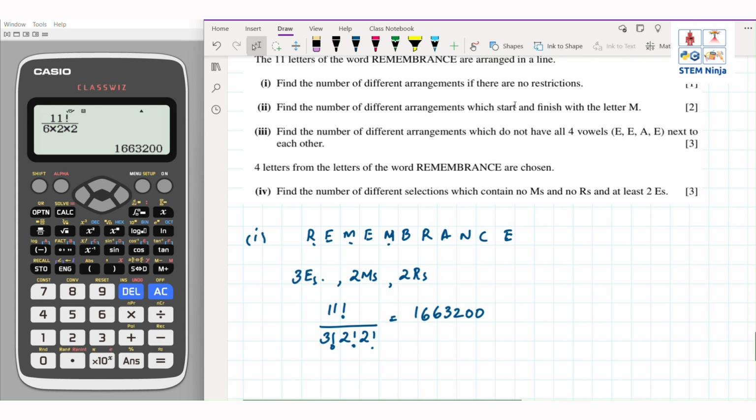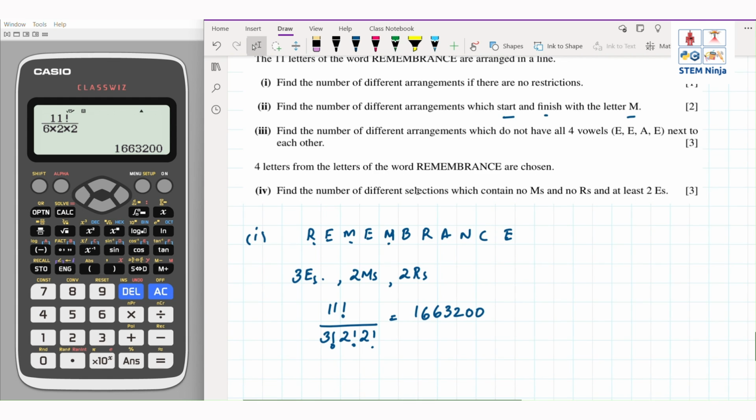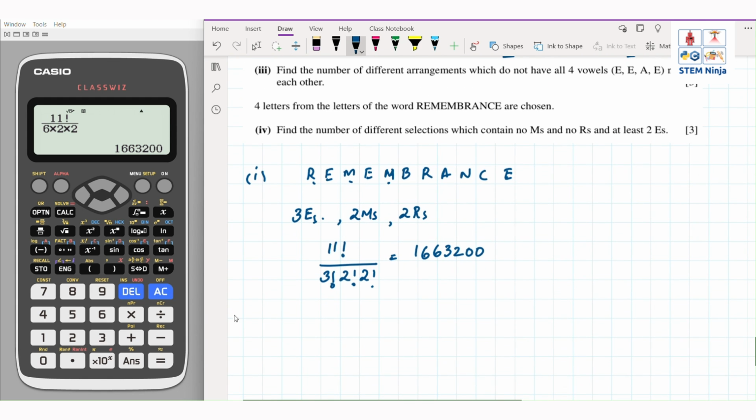Find the number of different arrangements which start and finish with the letter M. So we have two M's and obviously they're identical M's, so we don't need to times it by 2. So we have 11 letters, so we have starting with M, 1, 2, 3, 4, 5, 6, 7, 8, 9, and this.